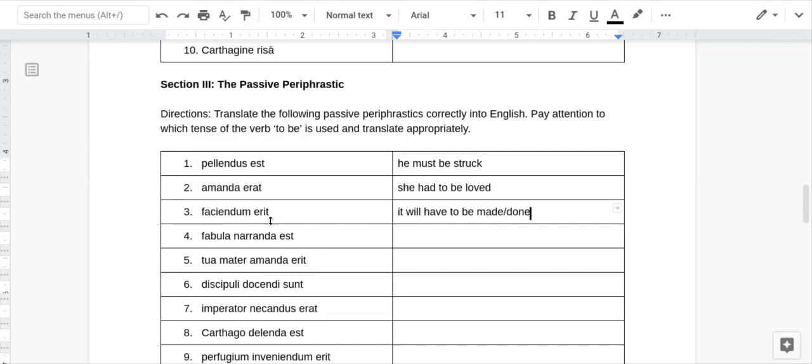Here the verb to be is in the future tense, and it would translate as "will have to be." So you get all 3 different tenses of the passive periphrastic translation. The most common by far is "must be," but you can change it to the past with "had to be," or you can make it future with "will have to be."